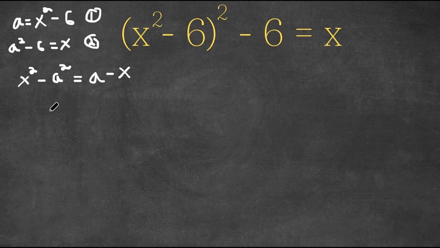So if we have something in the form m² − n², this can also be written as (m + n) times (m − n).